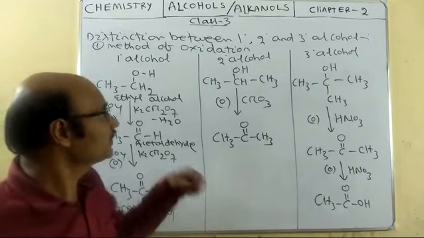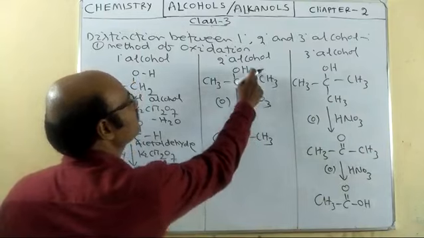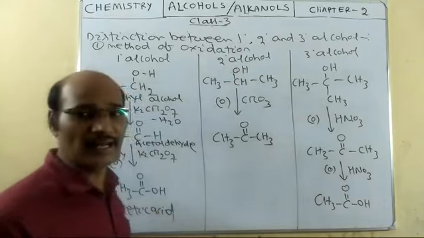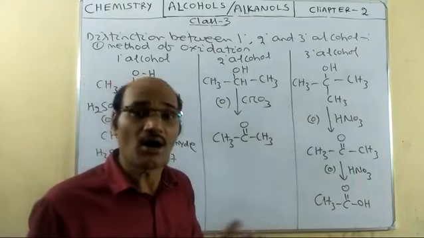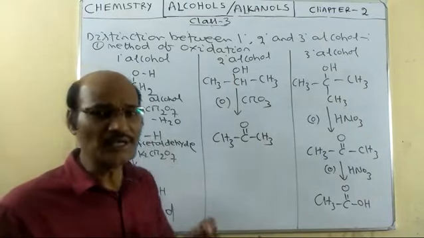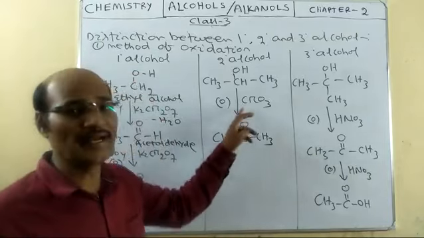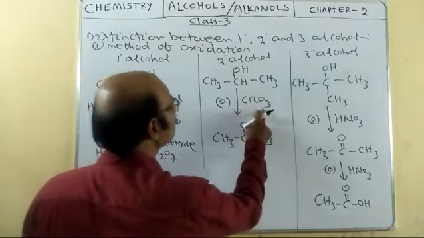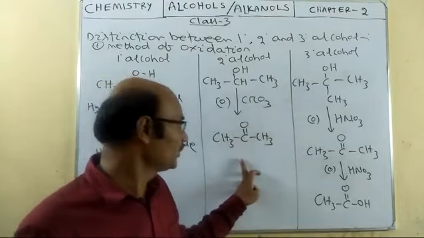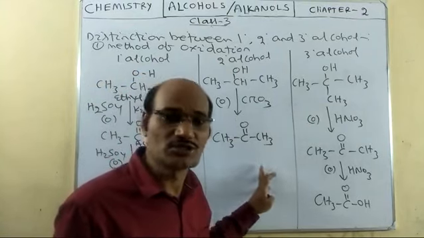Now next is your secondary alcohol. This you see, CH3CHOHCH3, isopropyl alcohol, a secondary alcohol, does not easily undergo oxidation with acidified potassium dichromate. We need a somewhat stronger oxidizing agent like chromic anhydride, CrO3. So this CrO3 will oxidize it to give a ketone, and ketones generally do not undergo further oxidation easily.